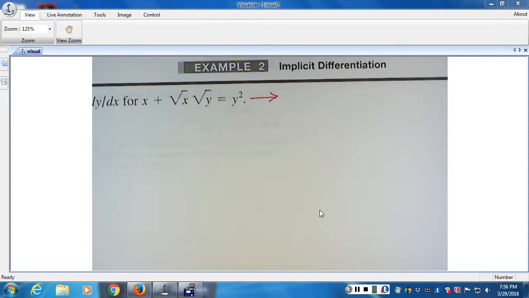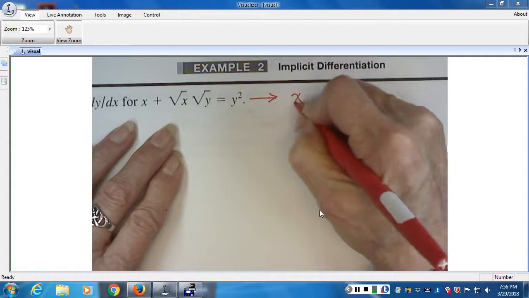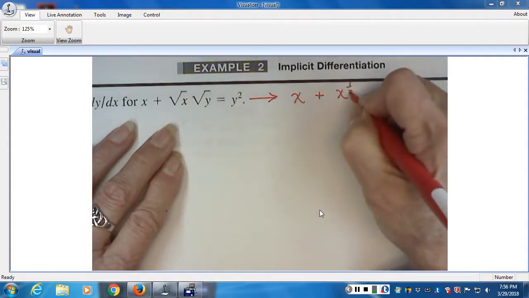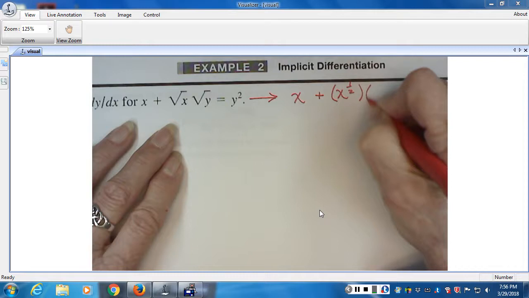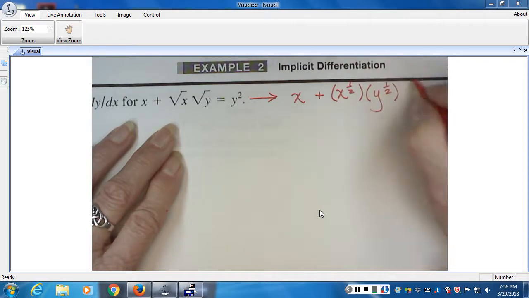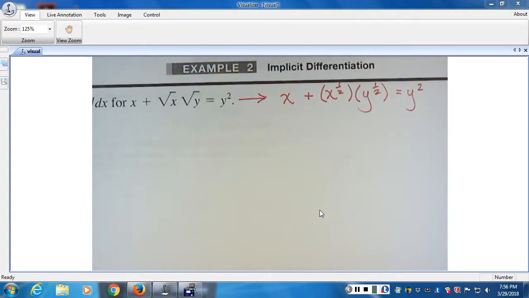I only have the power rule. So I'm going to rewrite the function as x plus x to the 1/2 power times y to the 1/2 power is equal to y squared. And now I have things that are all power rule problems.